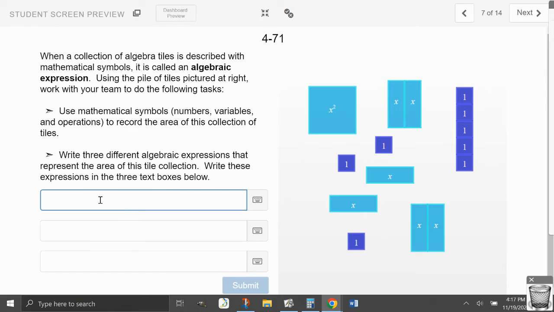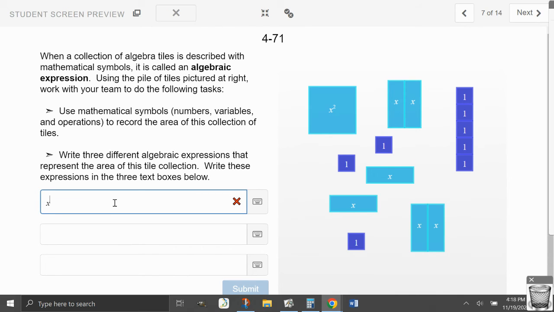In this problem, if I were typing this out right now, I see 1x squared, which I'll type as x, hold down the shift key, 6, 2. See how it raised the 2 up? Plus, I see 2 x's, plus 5 unit tiles, plus 2 more unit tiles, plus an x, plus an x, plus 2 x's, plus a unit tile.